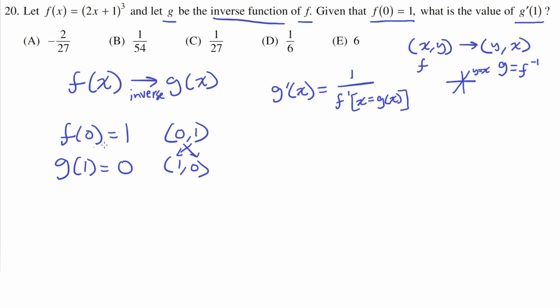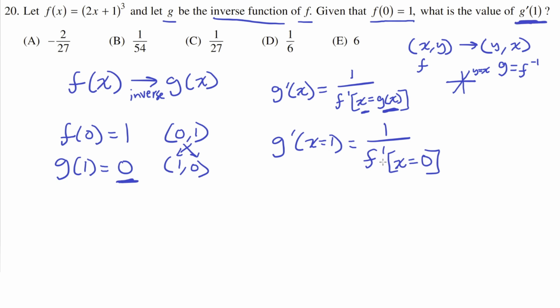We're told that f of 0 equals 1, so that means that g of 1 has to equal 0. So in this case, we need to evaluate f prime at x equals g of 1. So g prime at x equals 1 equals 1 over f prime evaluated at x equals 0, because g of x equals 0 when x equals 1.